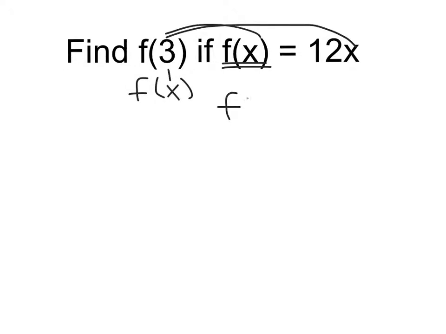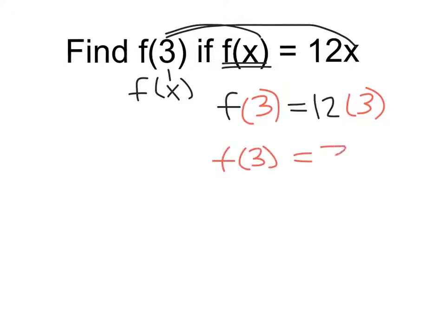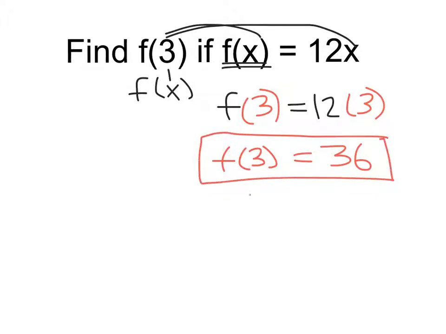So that would be f of 3 equals 12 times x, which is 3. Simplify this down, and we would have f of 3 equals 36. And what that means to us is that when x is 3, y is 36.